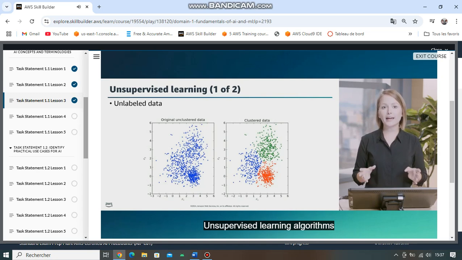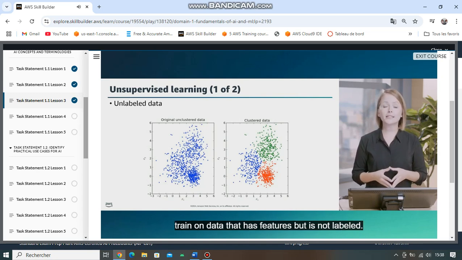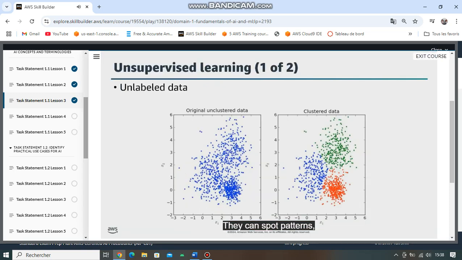Unsupervised learning algorithms train on data that has features but is not labeled. They can spot patterns, group the data into clusters, and split the data into a certain number of groups.